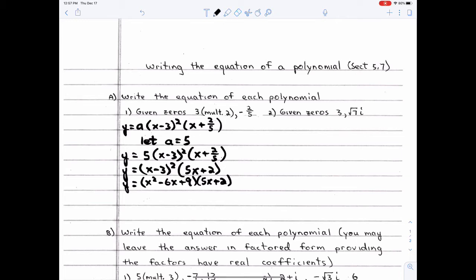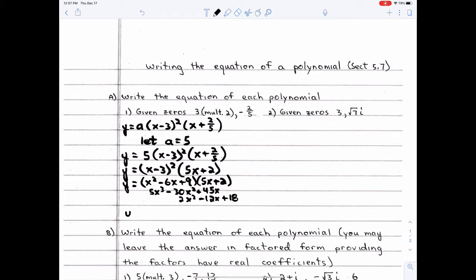If we distribute the 5x, we get 5x cubed minus 30x squared plus 45x. And now I'm going to distribute the 2 and stack like terms. So it's 2x squared minus 12x plus 18.